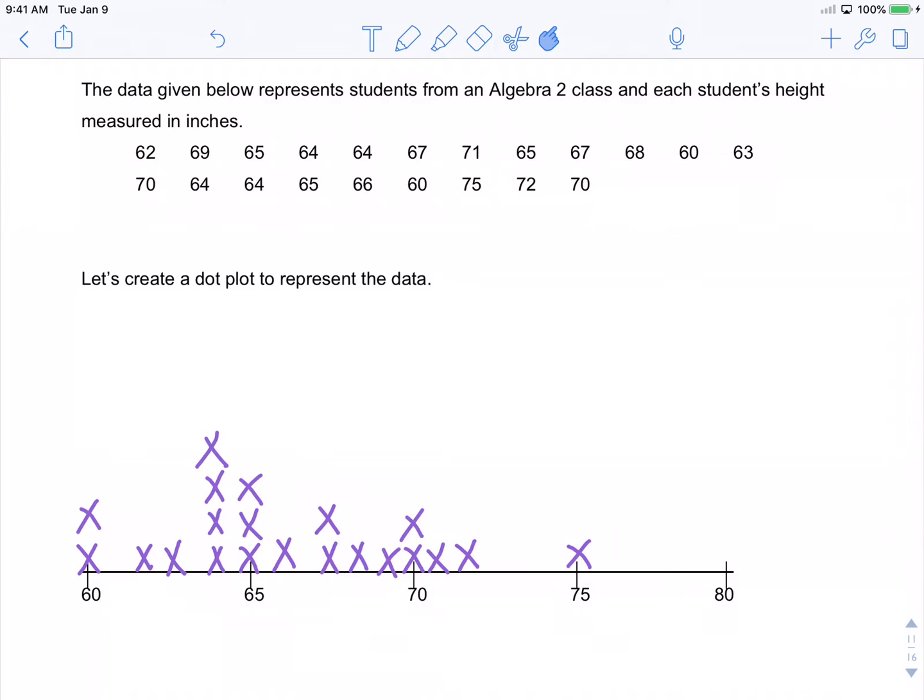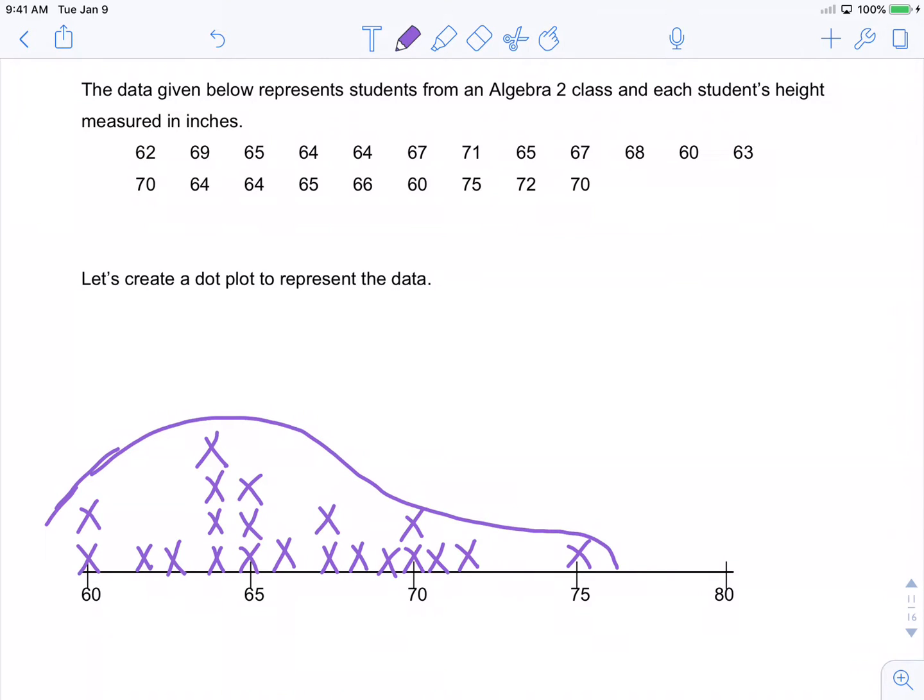And if you make a curve going over it, you can see that in our class, it looks like most of the people are in the lower height group.